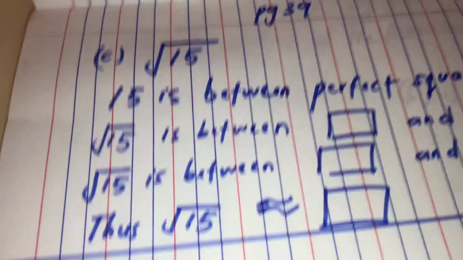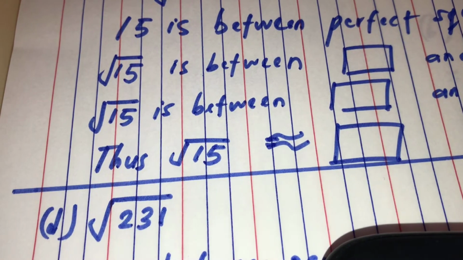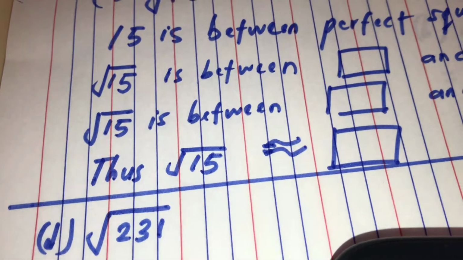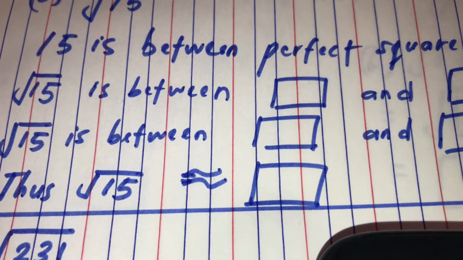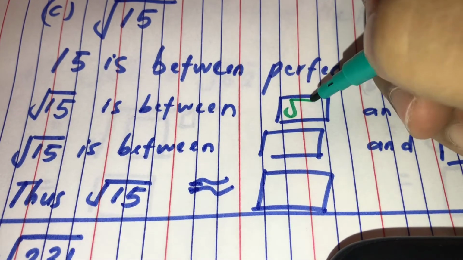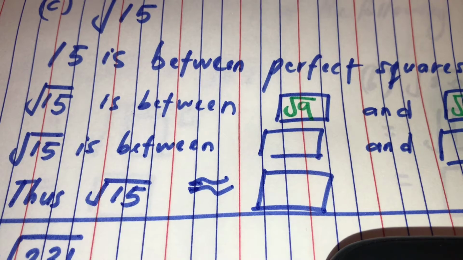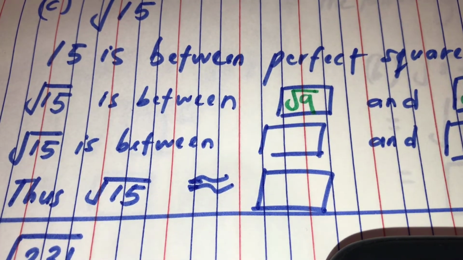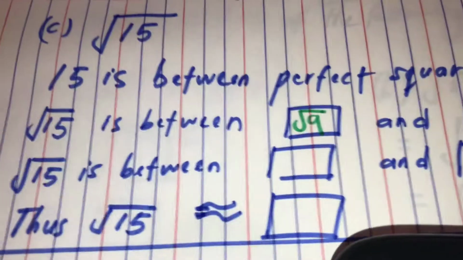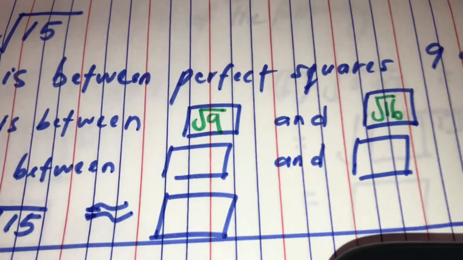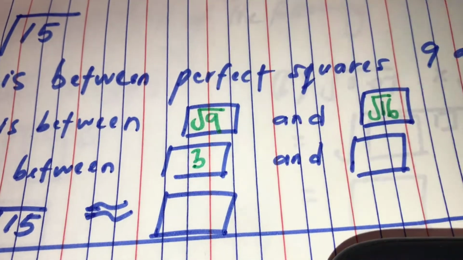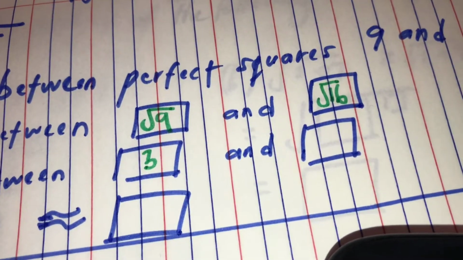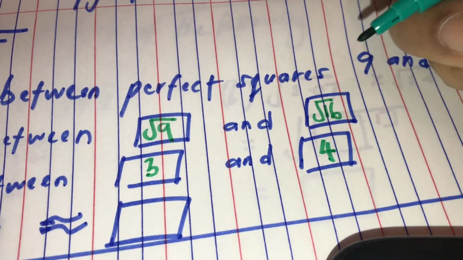Square root 15 is between... copy back this one, because here 9 and 16, so you write square root 9 and square root 16. Then square root 15 is between, when square root 9 equals 3, square root 16 equals 4.